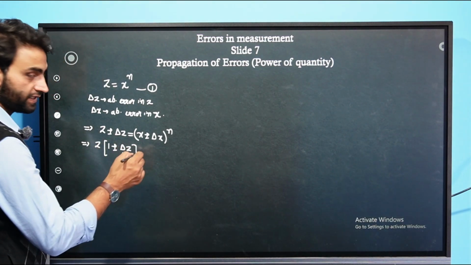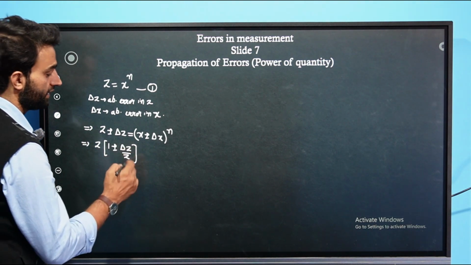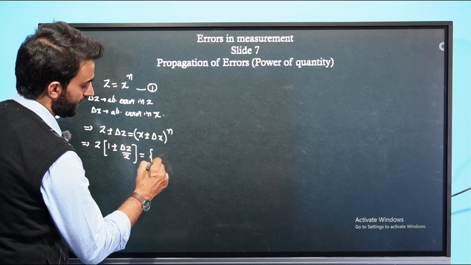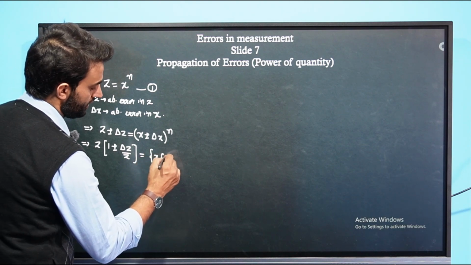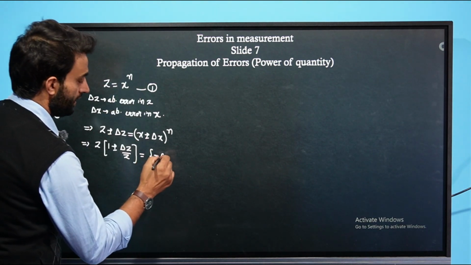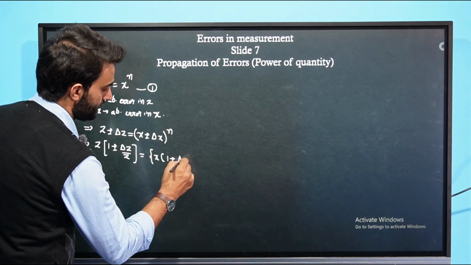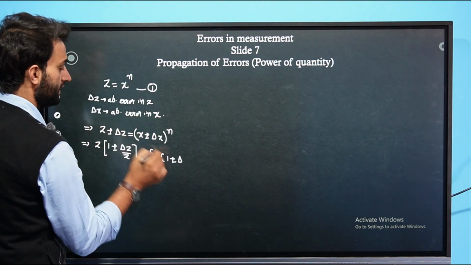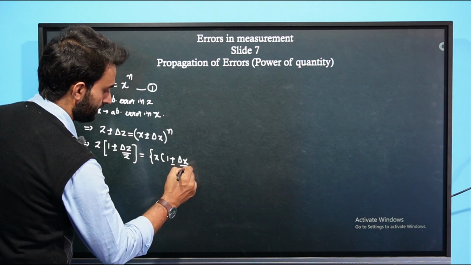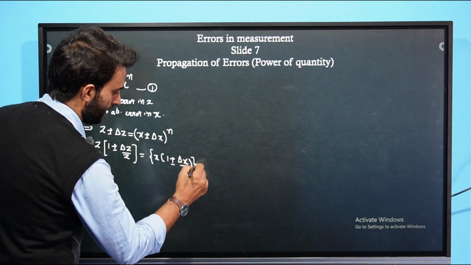If you multiply this z again, you get z plus minus delta z, same as earlier. And here x times 1 plus minus delta x divided by x, whole raised to power n.